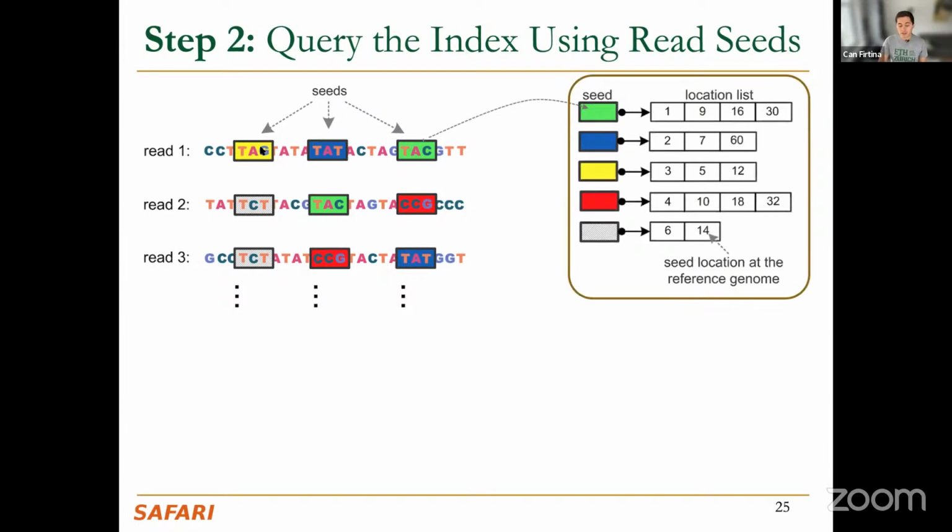And we use the same hashing mechanism again to generate the hash values, and then we query the hash table that we constructed previously and ask whether that particular seed exists in the reference genome. And if it exists, then I can quickly tell that there is a shared subsequence between a read and the reference genome, right?